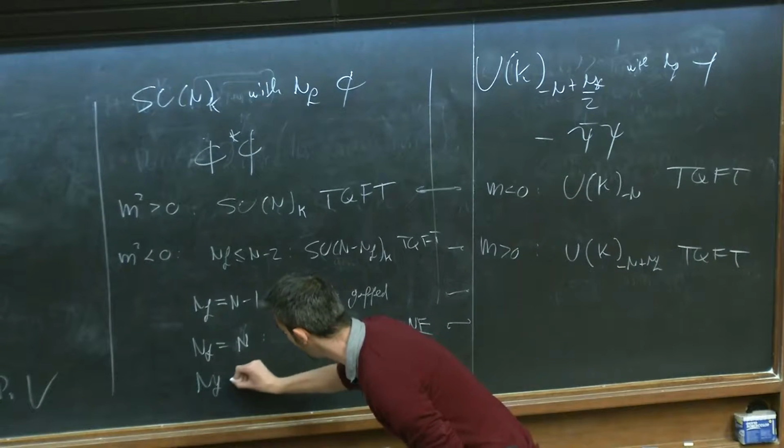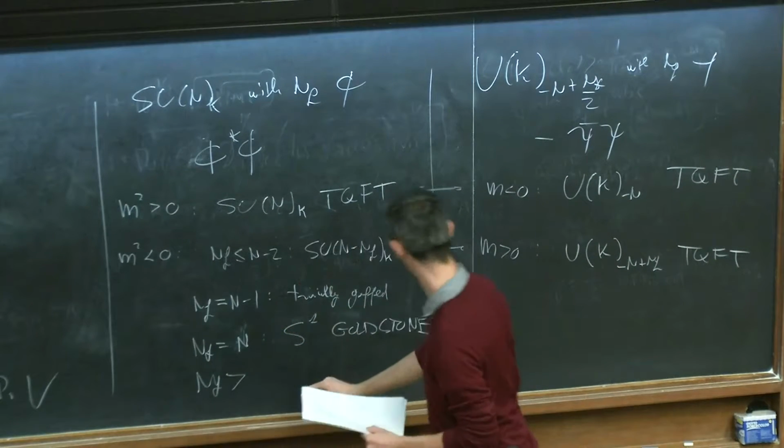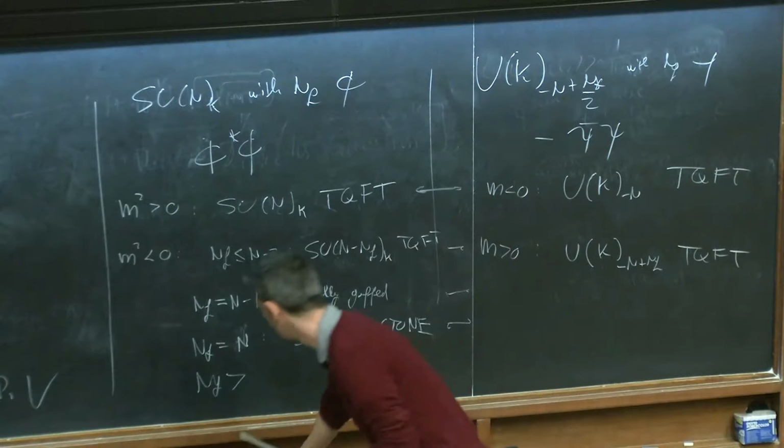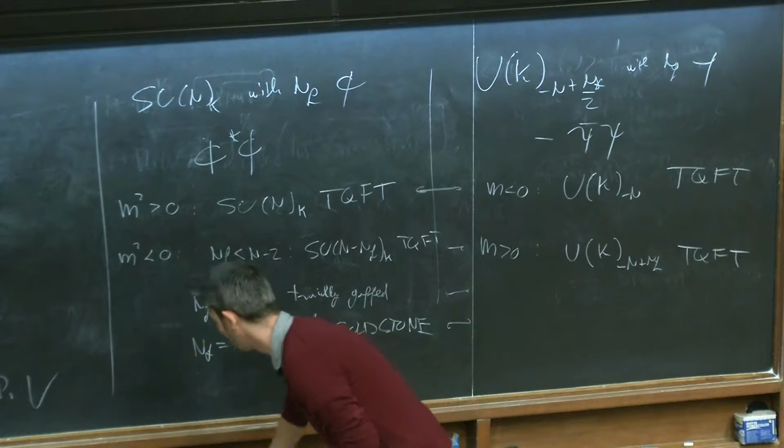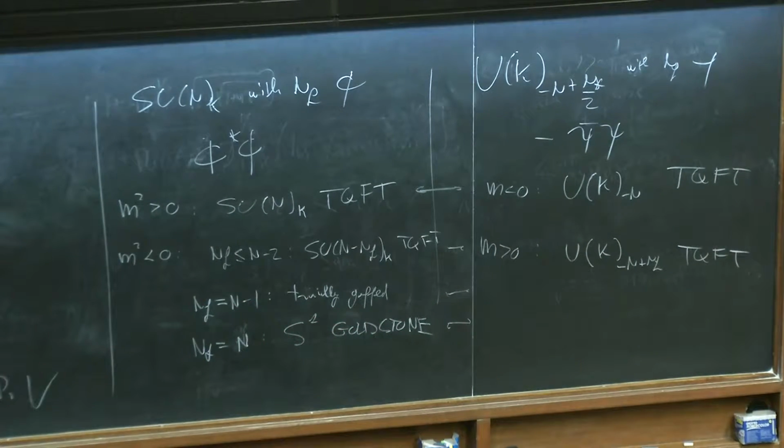However, if we take N_F bigger than N, then again the gauge group is completely broken. Now you further break this global symmetry.